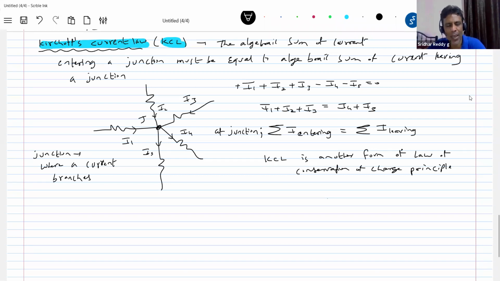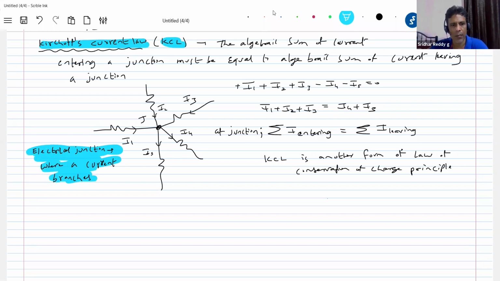J is an electrical junction where current branches. That is the first law, KCL.